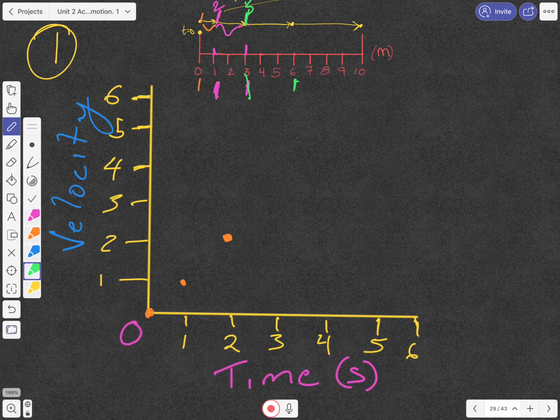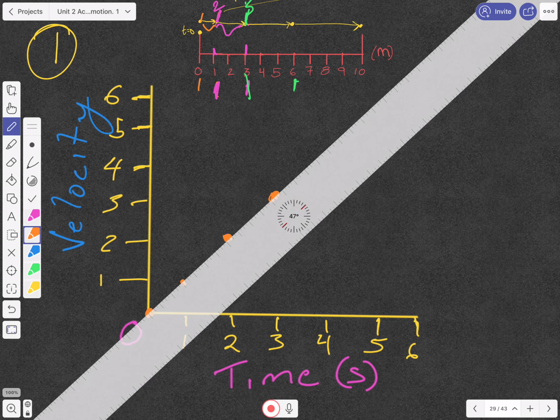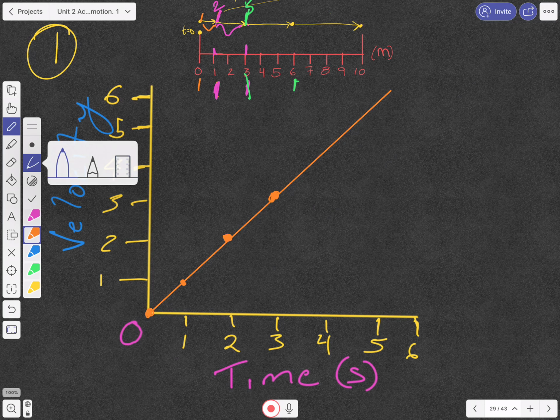And so 3 to 6 meters means that it's going 3 meters per second. Again, I want to get my colors right. And now I know that this is linear because I've done this one. But I'm going to make a guess here that this is going to be linear.